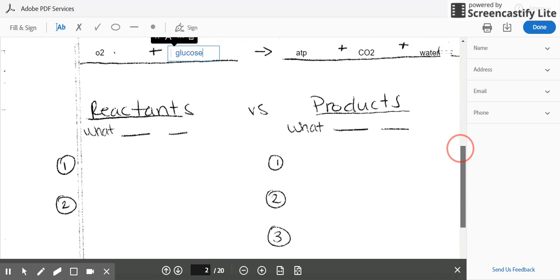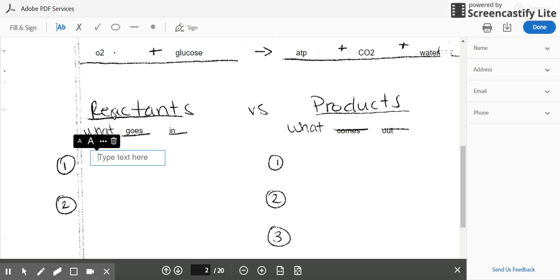Then we had to separate what the reactants are versus what the products are. We know the reactants are what goes into the equation, and the products are what comes out of the equation. We had two reactants here.